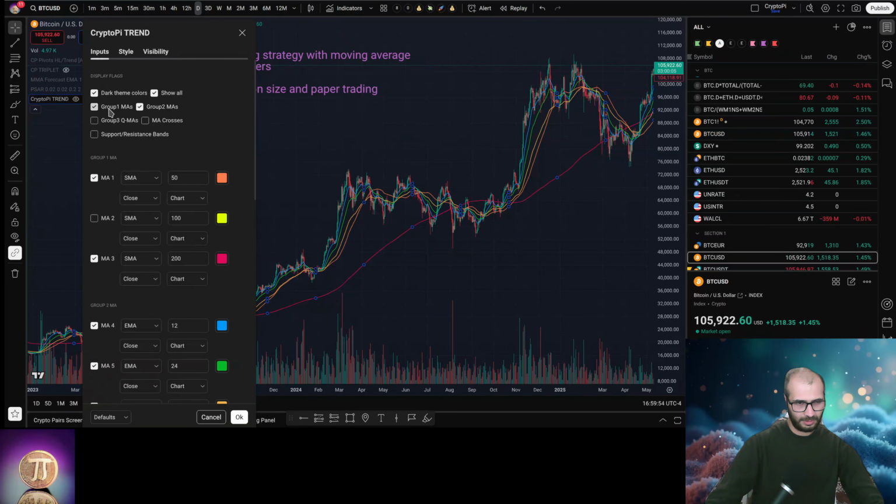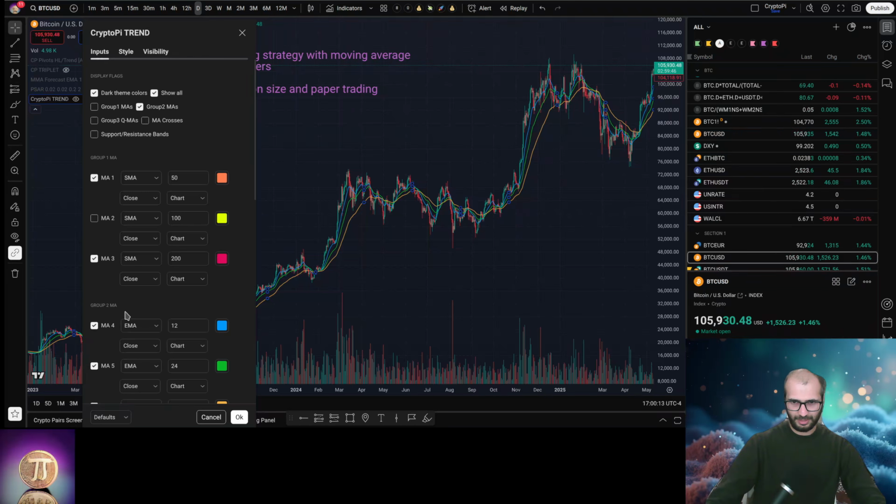Let's hide this one, that they are much closer to the price action compared to simple moving averages. EMAs tend to move with the same or very close to the price action.